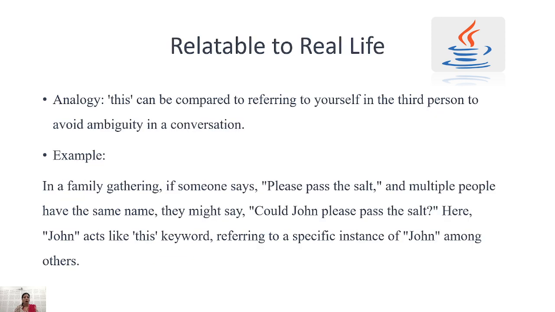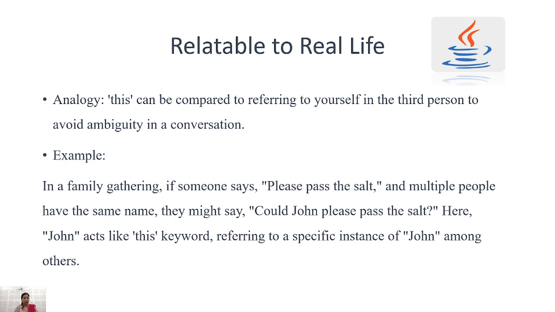So how can you relate this keyword to real life? Let's see an example. It can be compared to referring to yourself in the third person to avoid ambiguity in a conversation. Suppose in a family gathering someone says, please pass the salt. Multiple people are there, so how will people know who you are referring to?